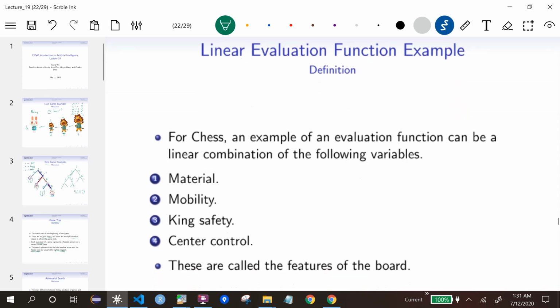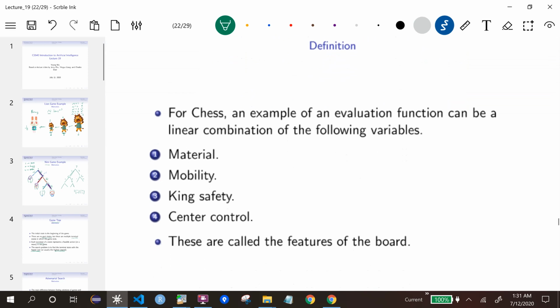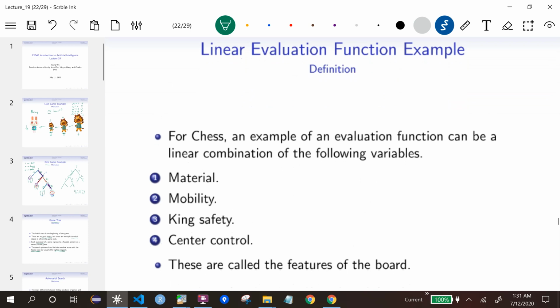For chess, there are many variables that we can use to represent the static board valuation. Given a specific configuration, we can compute something like the material and mobility. I don't actually know these terms, so I think material is basically the total value of the chess pieces we have on the board. Mobility is how much we can move.